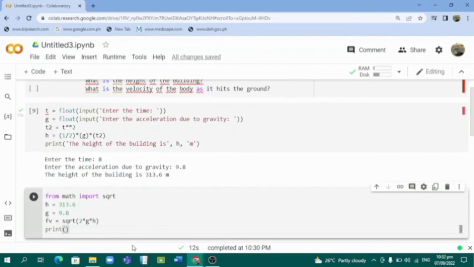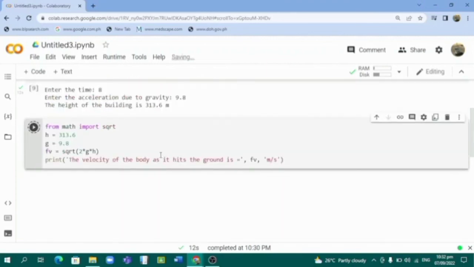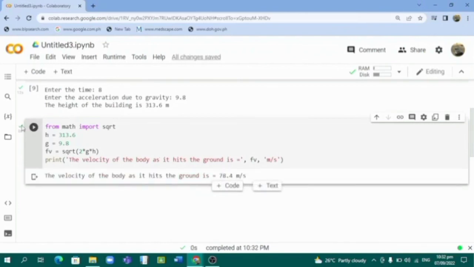Print, close open parentheses, quotation mark, the velocity of the body as it hits the ground is, then comma, final velocity, comma again, and the unit of measure is meter per second. So we're going to run the code. So this is the velocity of the body as it hits the ground.